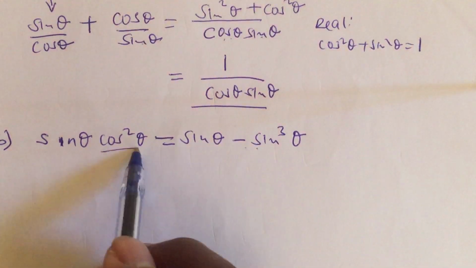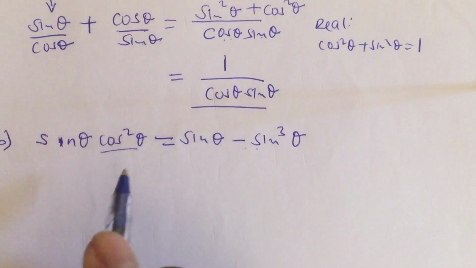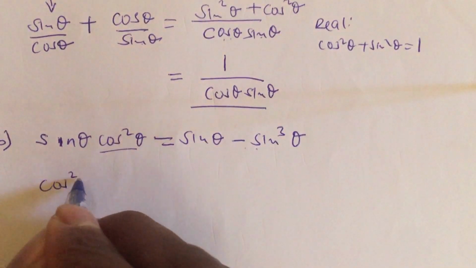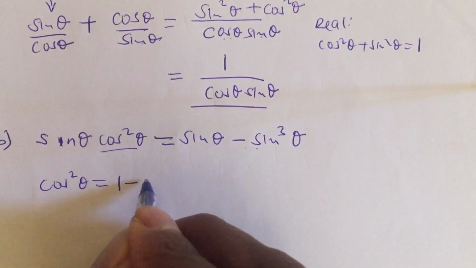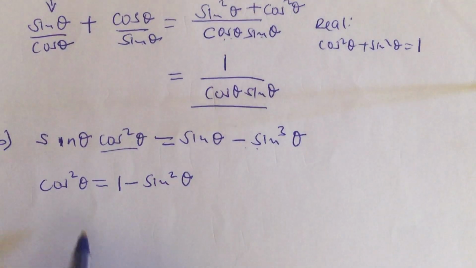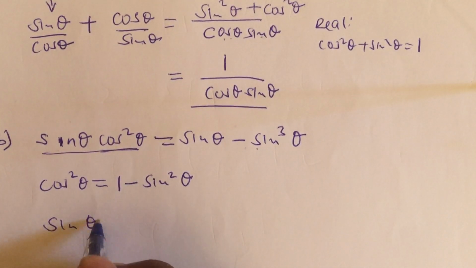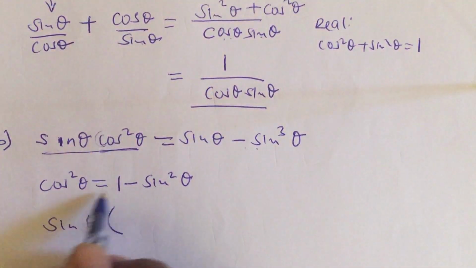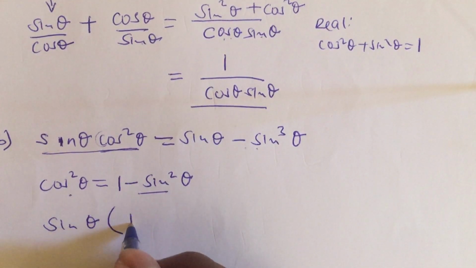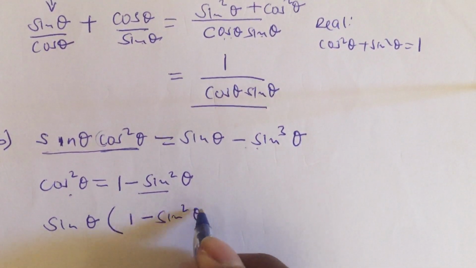Now, from this part, if you recall from up there, cos squared theta is 1 minus sine squared theta. Then I can rewrite this one by saying that sine theta into this one, which I can replace with this, is 1 minus sine squared theta.